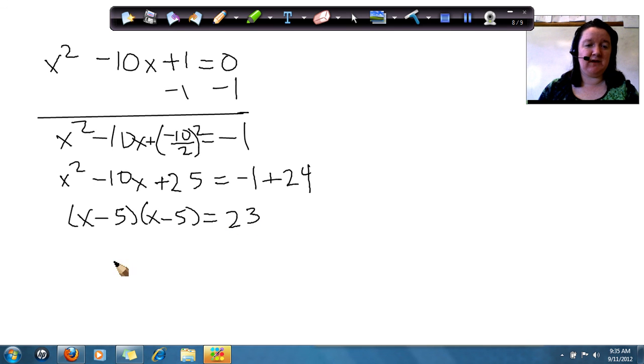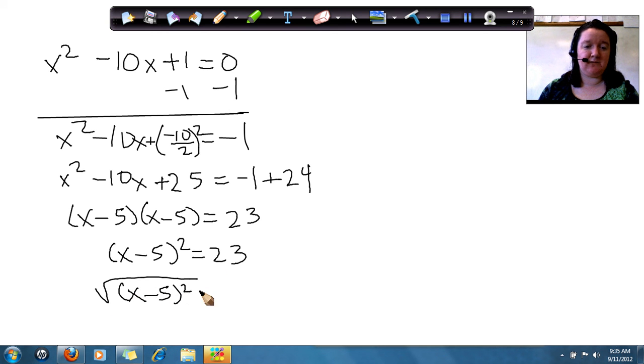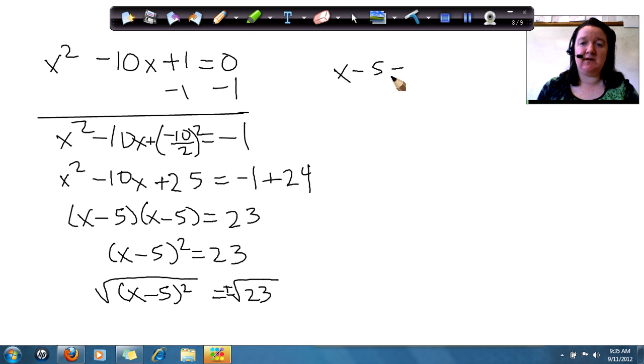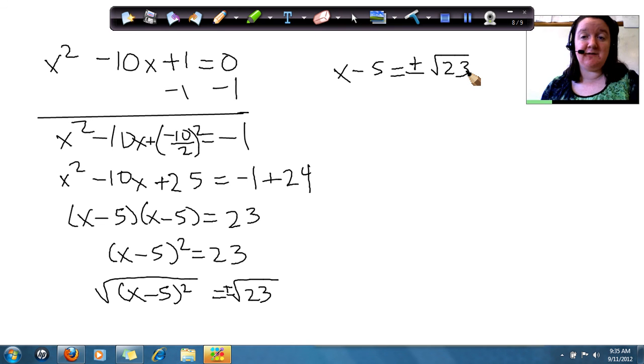So we can rewrite this. Now we have to take the square root of both sides. When we have a square root, the undo is square, so we're going to get x minus 5 equals plus or minus the square root of 23. 23 is a prime number, so you have to leave it the way it is.